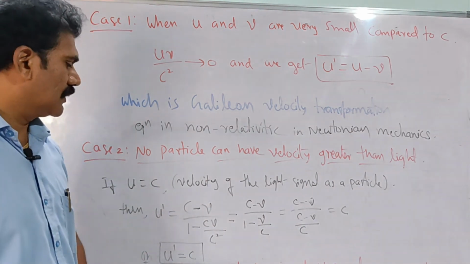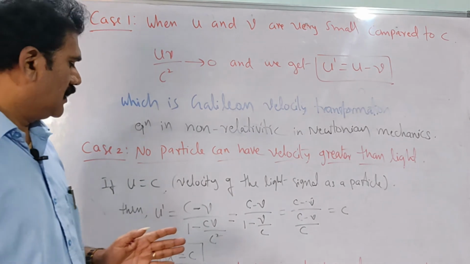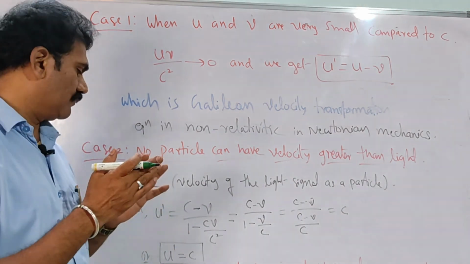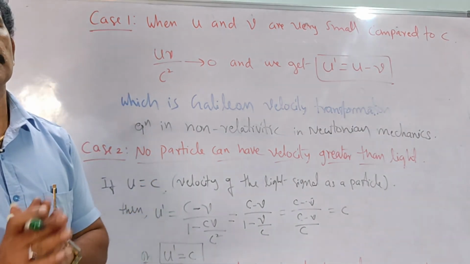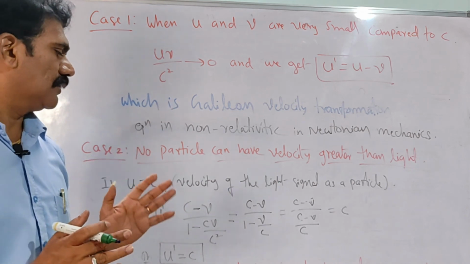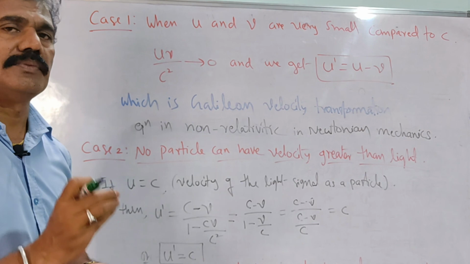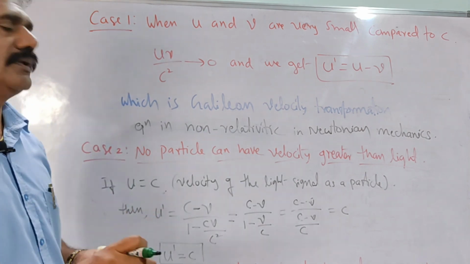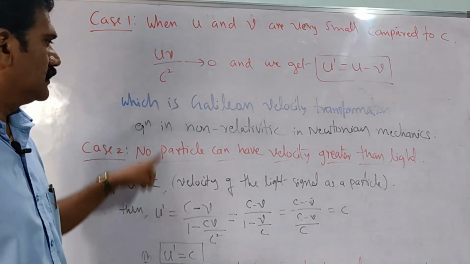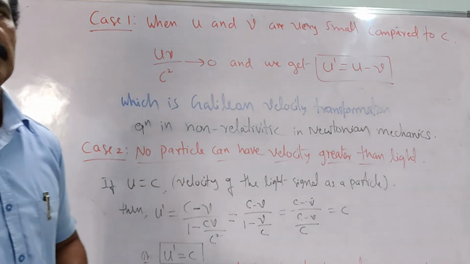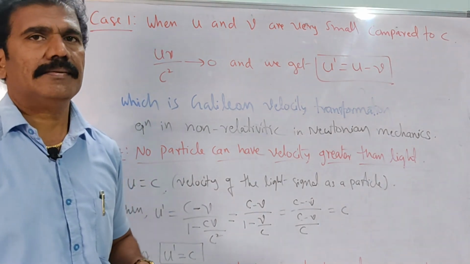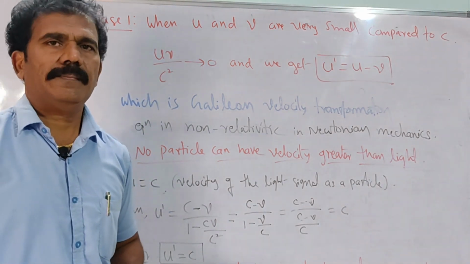So there is no difference between the fixed observer and the moving observer. Both are finding the velocity of light to be the same, even if that light is emitted by a particle which is moving with the velocity of light. That is what you can prove using these velocity transformation equations. Clear? Okay, then I will see you in the next video again.